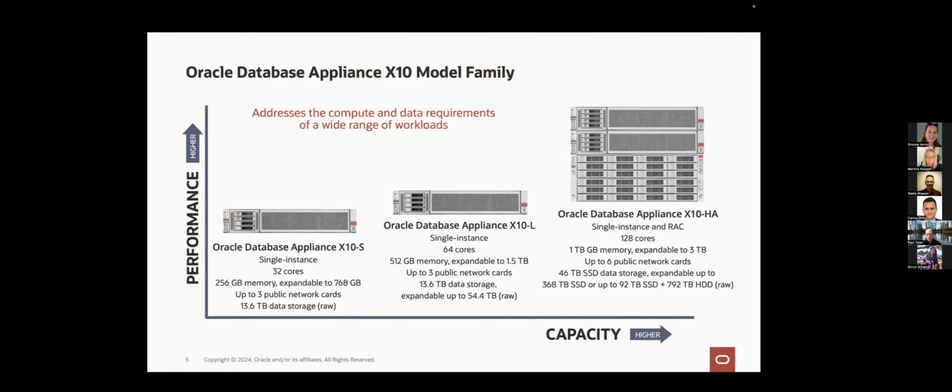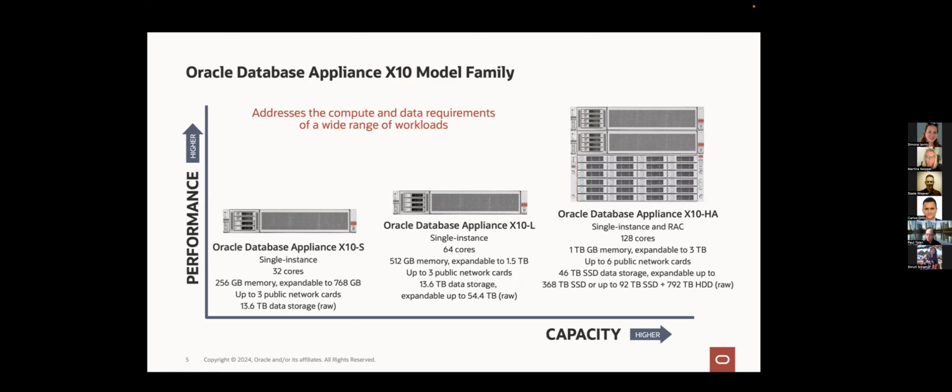So this is just a quick overview of the current Oracle Database Appliance X10 model family. As you can see, we have 3 models: a small, a large, and a highly available model, the HA model. That's basically a cluster in a box. There are 2 physical servers attached directly to shared storage.